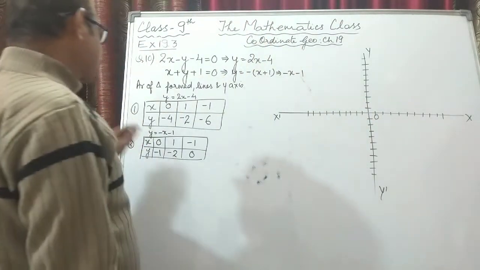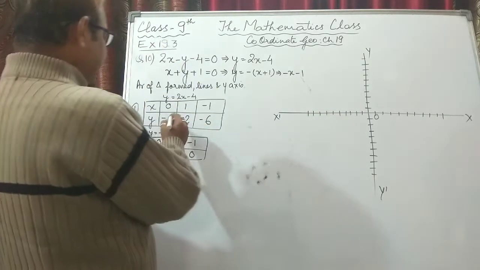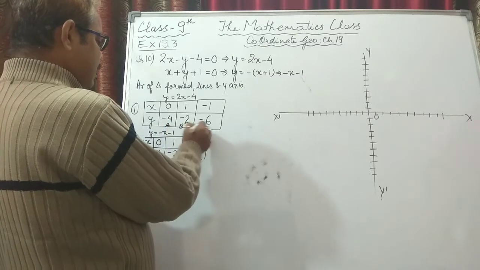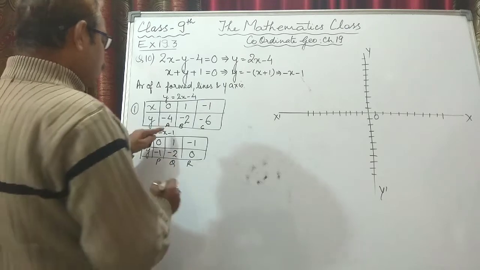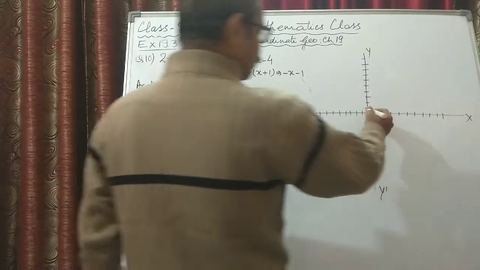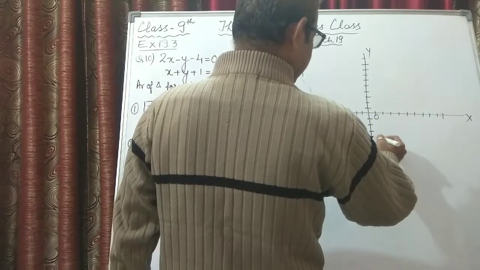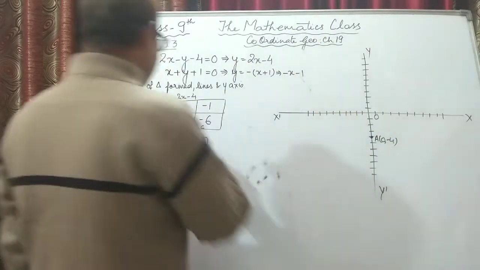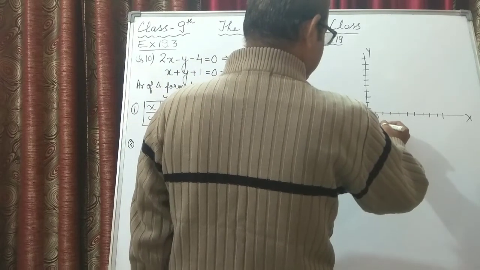Now in the first equation, when x is 0, y is minus 4. I am marking these points as A, B and C, and the other points as P, Q, R. So the coordinates of A are 0, minus 4. This is my point A. Now B is 1, minus 2, somewhere here.